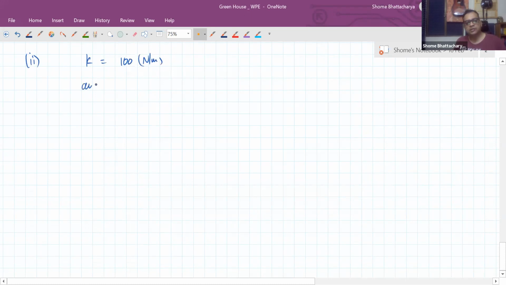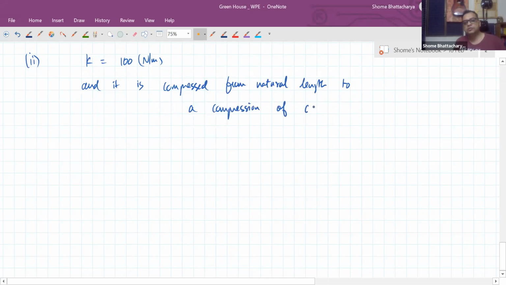And it is compressed from natural length to a compression of d equal to, let us say, 2 centimeters. We want to find the work done by the external agent, the work done by the spring force or the internal conservative force, and change in potential energy of the spring.